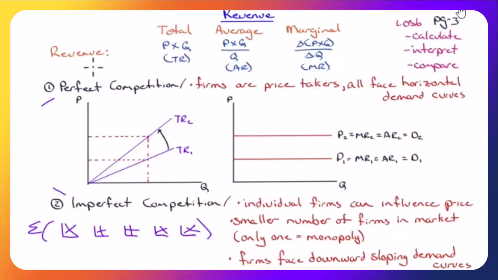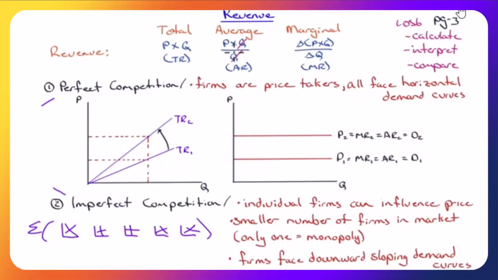Let's begin. Revenue: total revenue, average revenue, and marginal revenue. Well, total revenue is just price times quantity. How many did you sell? What did you sell them for? And that's TR. Average revenue would be, well, of everything that you sold, how much per unit? So we take our total revenue and divide it by quantity. But we just said total revenue is price times quantity. So it's price times quantity divided by quantity. Look what happens. What is average revenue?